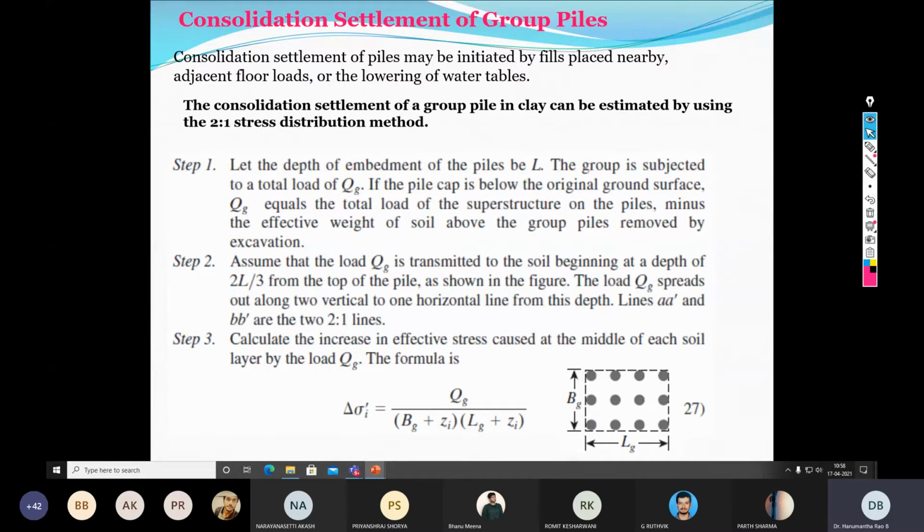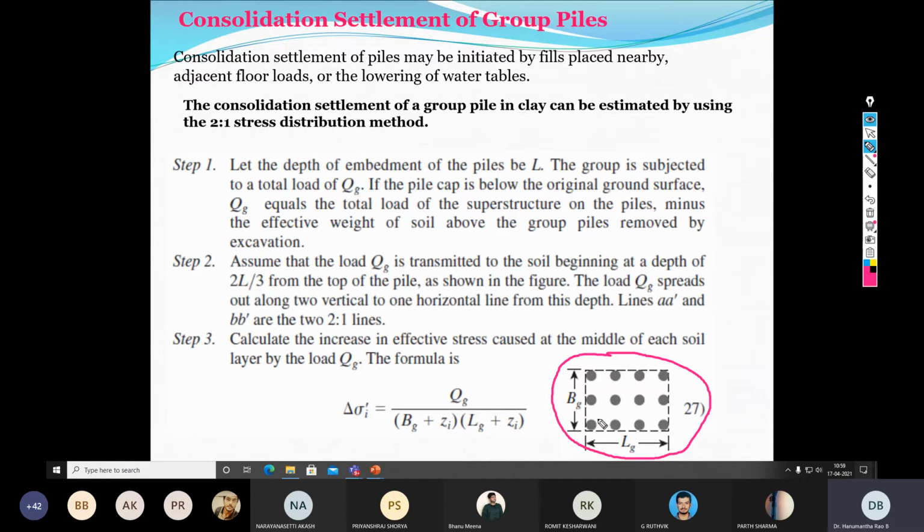However, there are some specific points that you need to understand in case of the deep foundation. Say for example, this is the pile group acting as a block, where the length of the block is LZ and the width of the block is BZ.